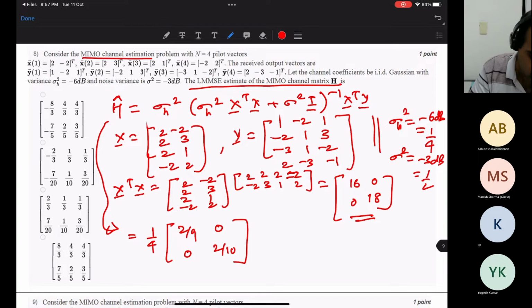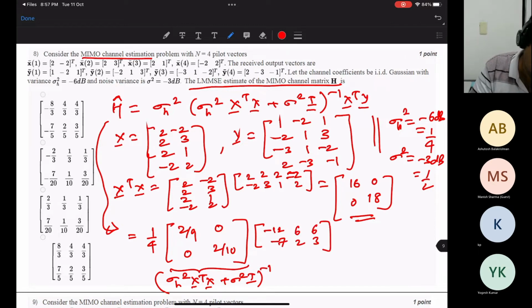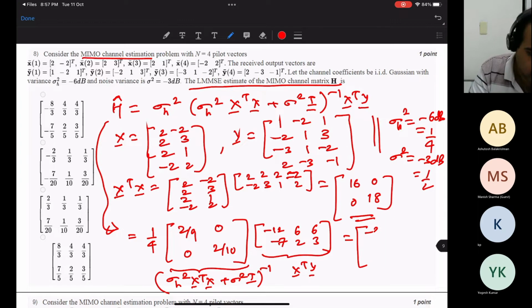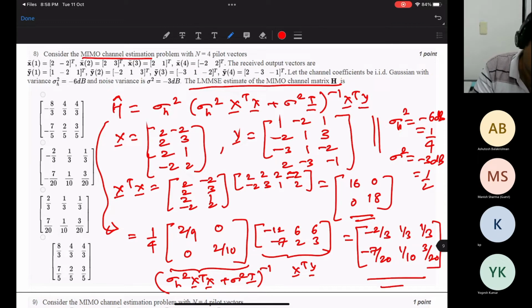If you solve sigma_H squared X transpose X plus sigma squared I, inverse, and X transpose Y comes out to be -12, -7, 6, 2, 6, 3, you will get -2 by 3, 1 by 3, 1 by 3, -7 by 20, 1 by 10, 3 by 20. So this is what you have. This is option B.